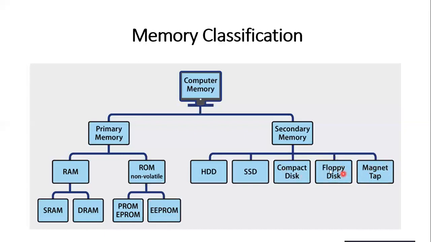Just like a CD, we used the floppy disk. The disk size may be 1.2 or 1.44 MB. Then you know what a compact disk, CD, and DVDs are. Then the hard disk. Present day, the capacity of the hard disk is in terabytes.